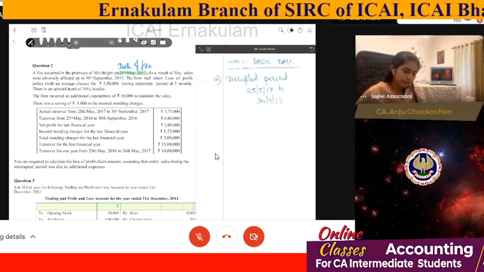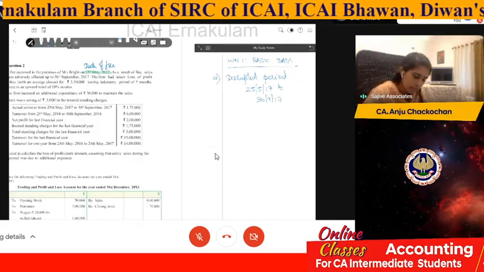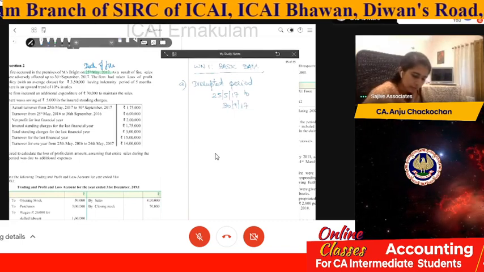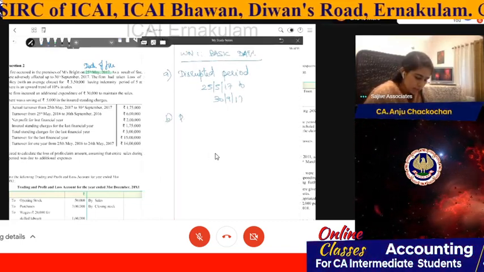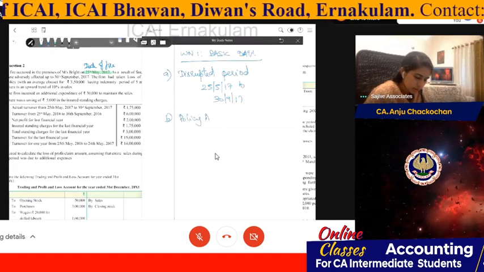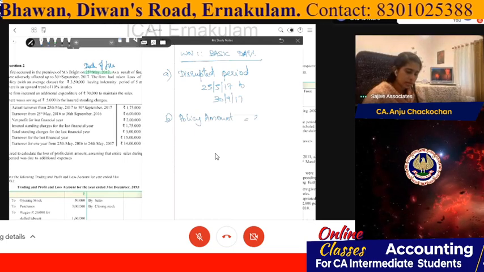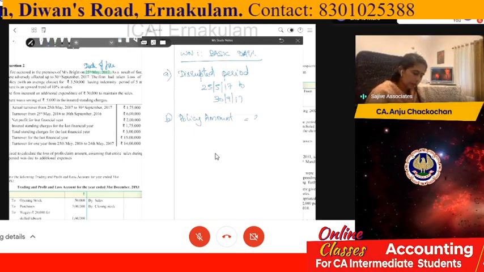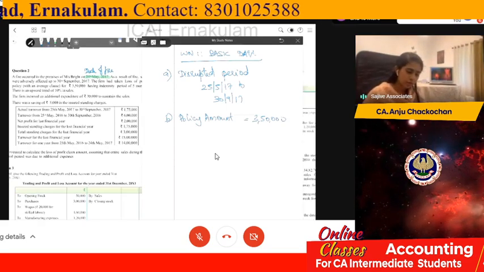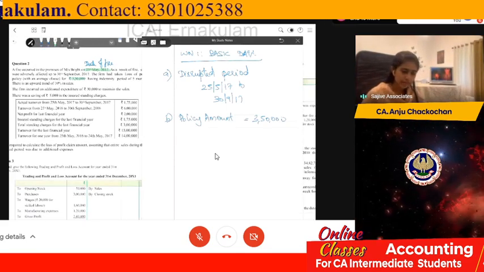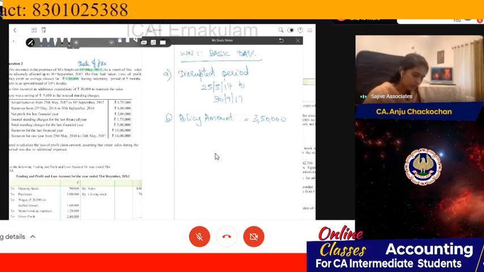Now, the loss of profit policy amount is 3,50,000. The policy amount is given to you in the question, having an indemnity period of 5 months. 25/5 to 30th of September is well within a period of 5 months.